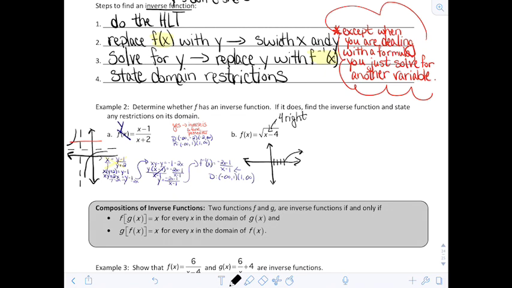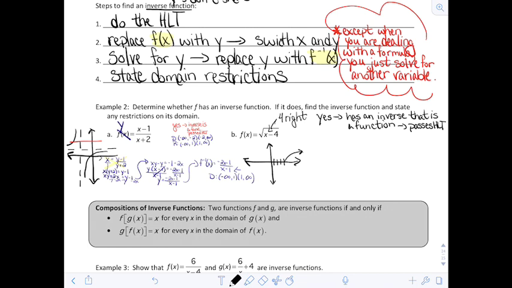So this does have an inverse. Yes, it has an inverse. That is a function. And the reason is because it passes the horizontal line test.